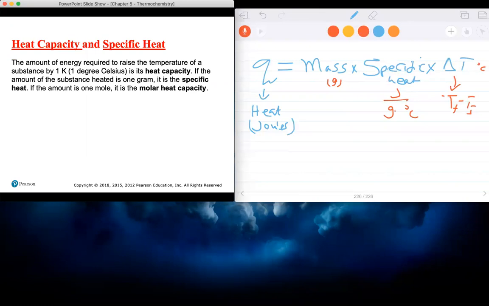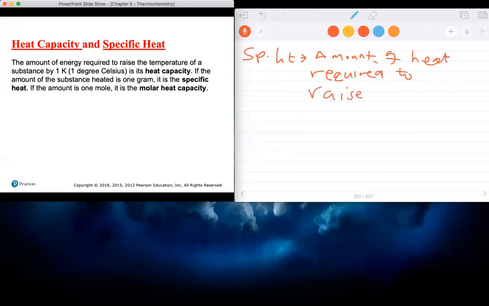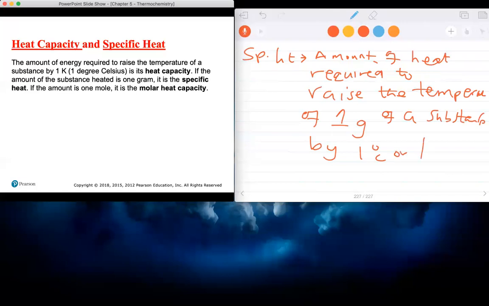Specific heat is the amount of heat required to raise the temperature of 1 gram of a substance by 1 degree Celsius or 1 Kelvin.